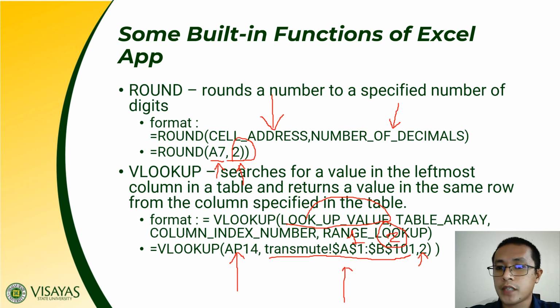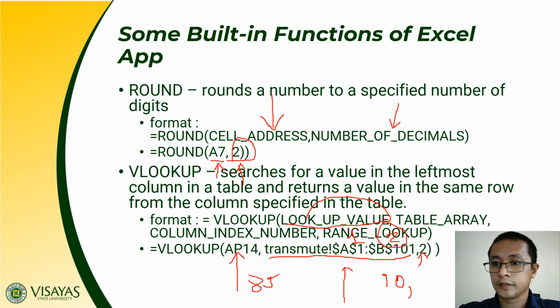Say for example, our actual value here is 85. Then the transmuted value of 85 is 90. So what will display in our cell is 90. Say for example, this is 85, its equivalent value is 90. So when you press enter, it will display the value of 90 instead of 85.